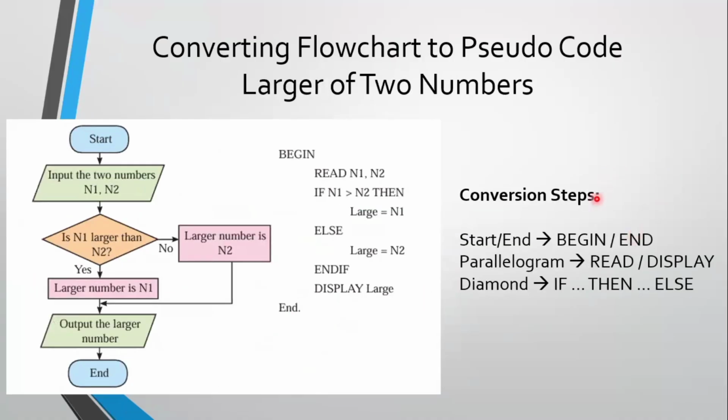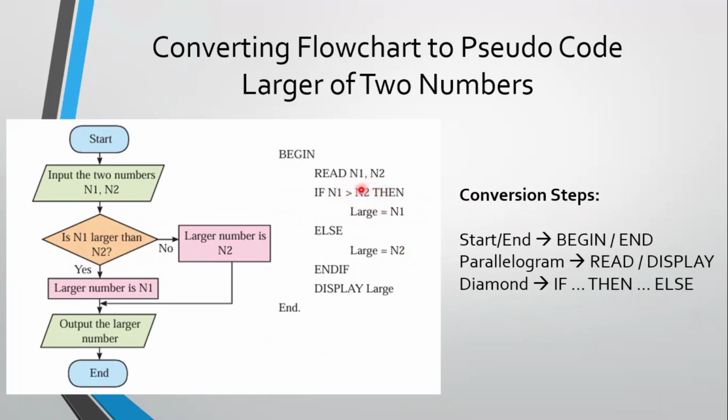To convert any flowchart, you just match the shapes to the keywords. A diamond always becomes an if statement. In this example, we compare N1 and N2.